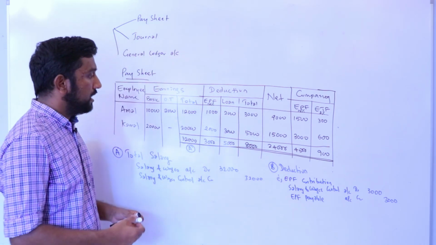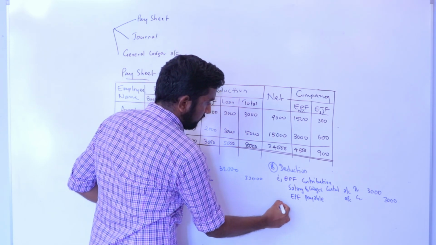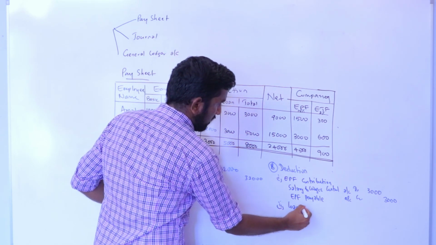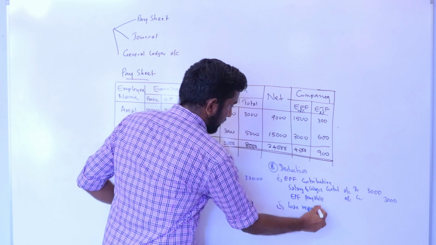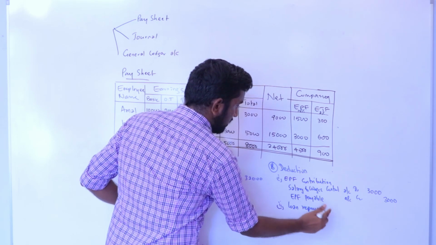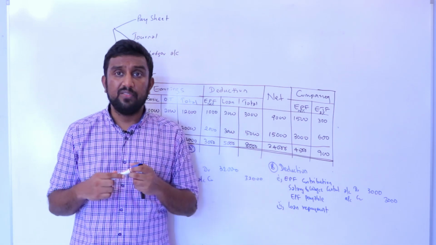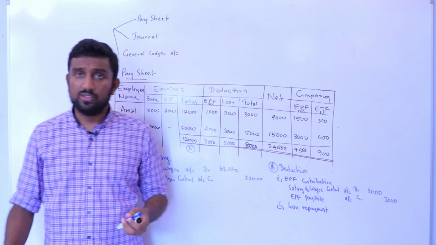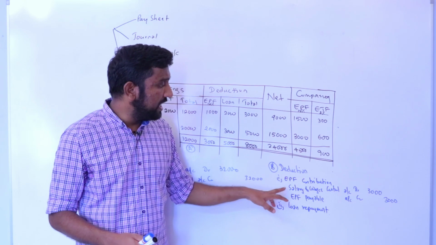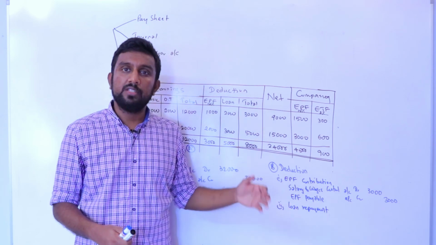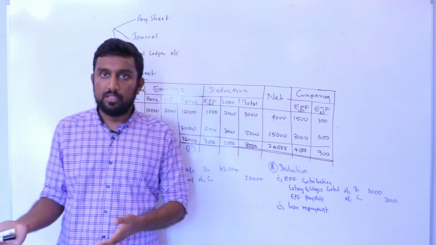And the second one is loan repayment. So it depends on the question. If they give some other deduction, you have to do it in the same way. Let's say if they have some festival advance or something like that, again we are deducting from the salary and wages control account, therefore salary and wages control account debit, festival advance account credit, right?